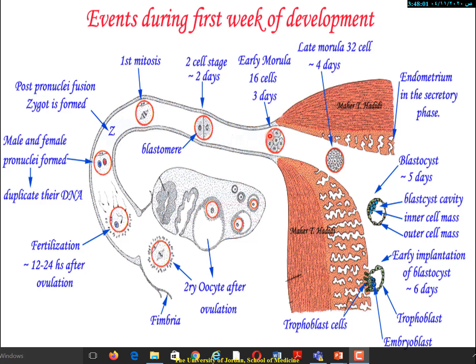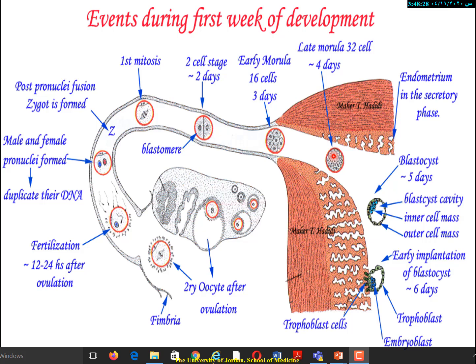Now, the early morula would become late morula, as you can see here, 32 cells around day 4 of the age of the embryo, the fourth day of the development. So these days are the days of the first week of development.